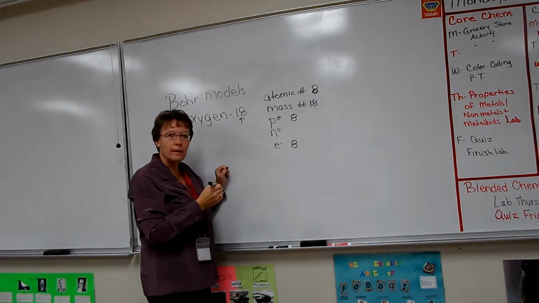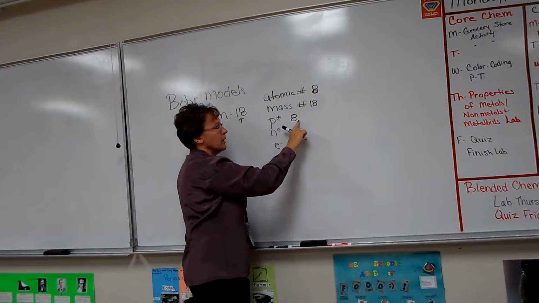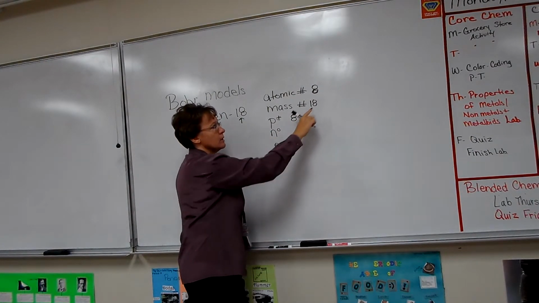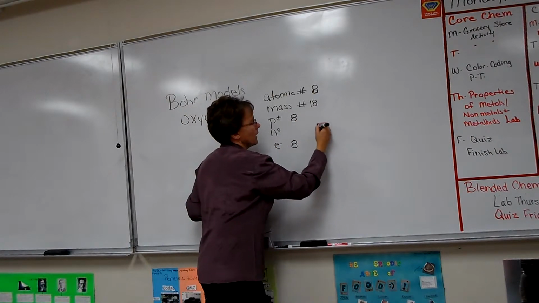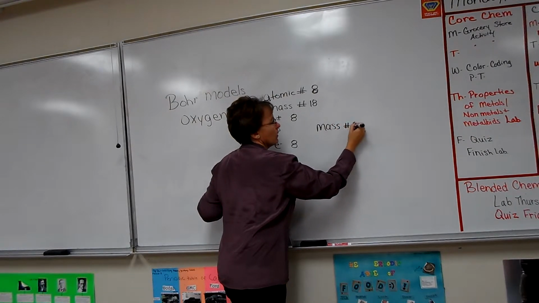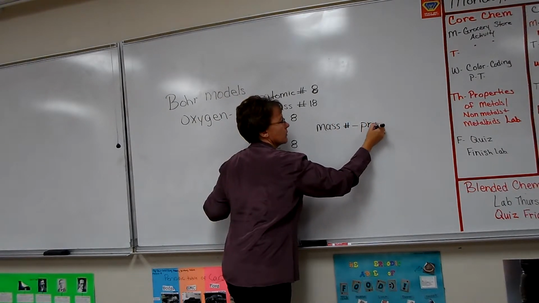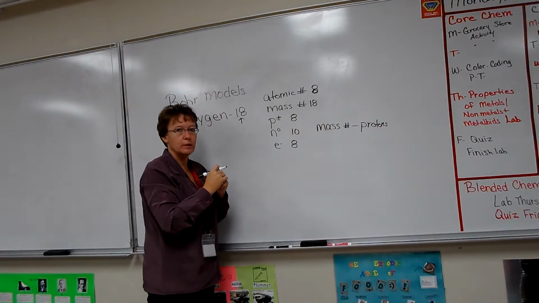Okay? And then to get the number of neutrons, we take the mass number and we subtract the number of protons, so 18 minus 8. So we take mass number minus protons equals 10. That gives us the number of neutrons.